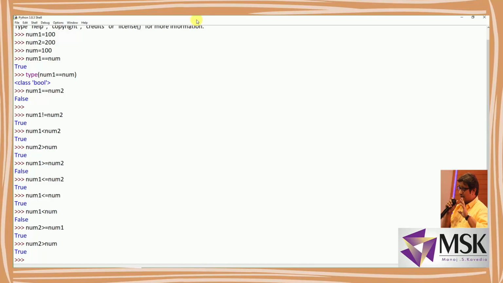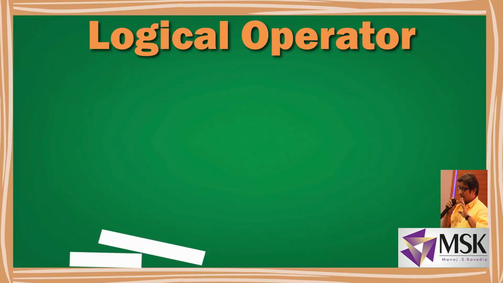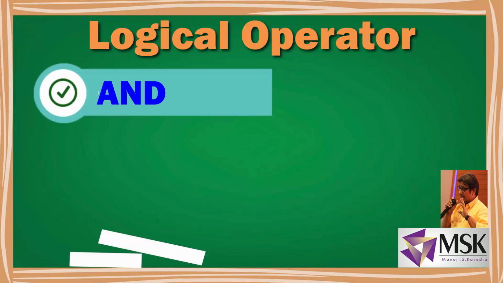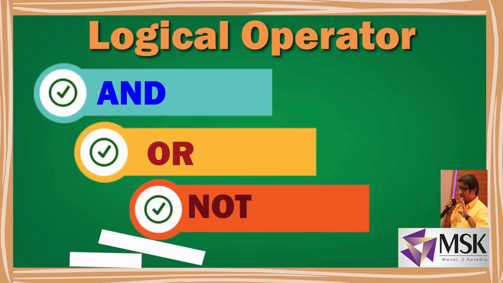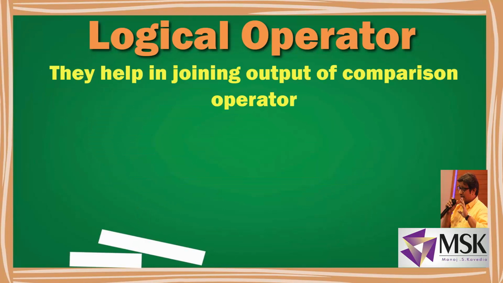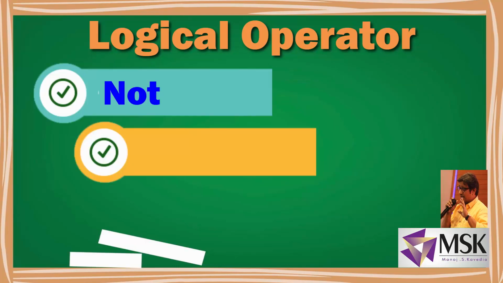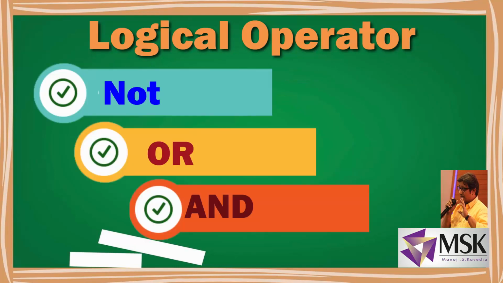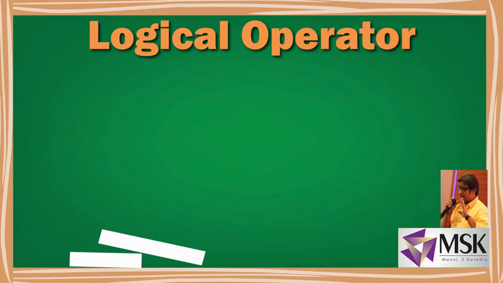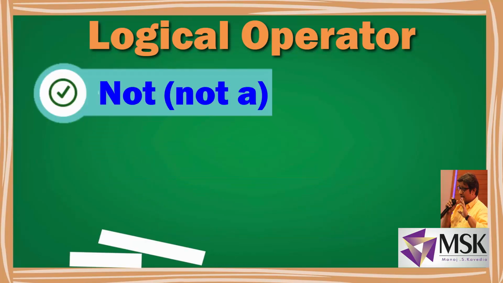Now the next category of operator is logical operator, and these are and, or, and not. So logical operators basically help in joining or combining the output of comparison operators. Now you have here not, or, and. Not says negate or complement, so it will complement the value.